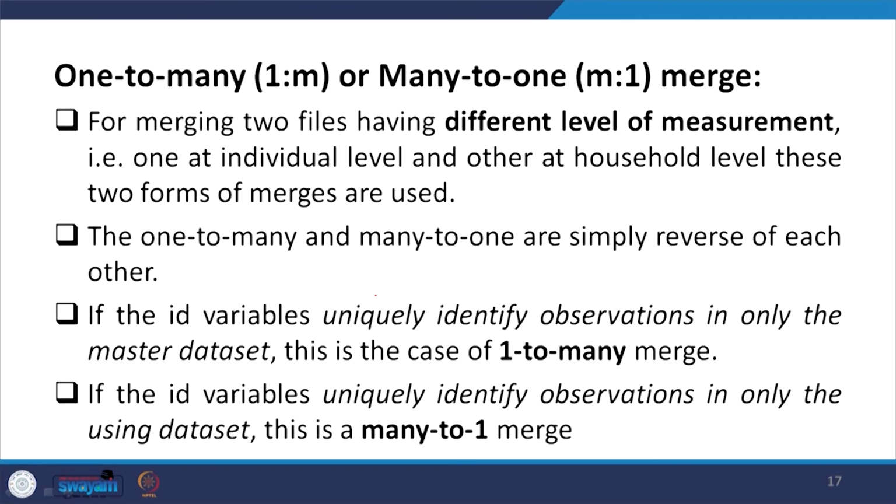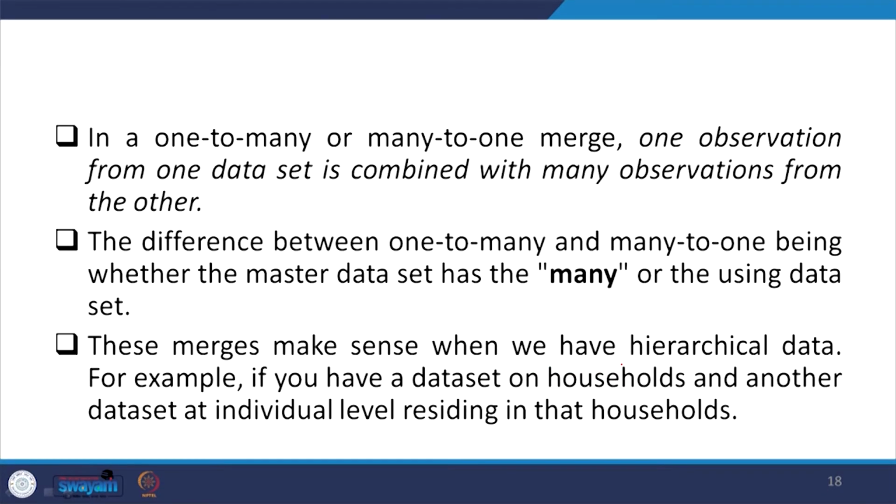So, be very careful about it. If the unique ID is in master, then one to many. If it is in your using file, then it is many to one. That is the standard rule to be followed.